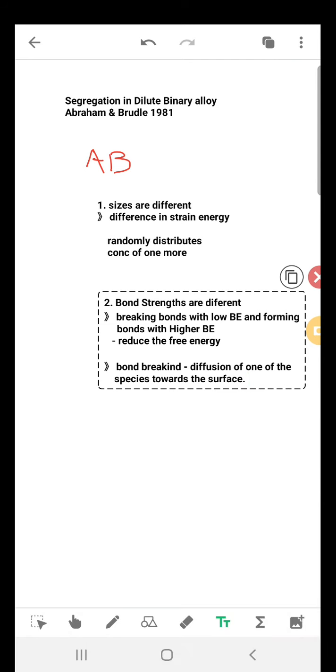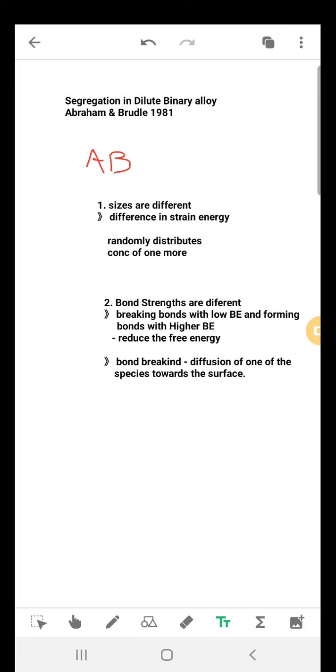Now, if we look upon the pairing of the driving forces, so we know that there are A and B atoms.